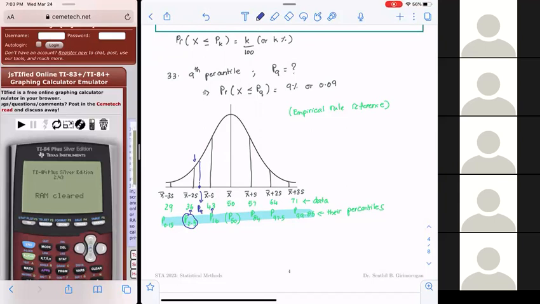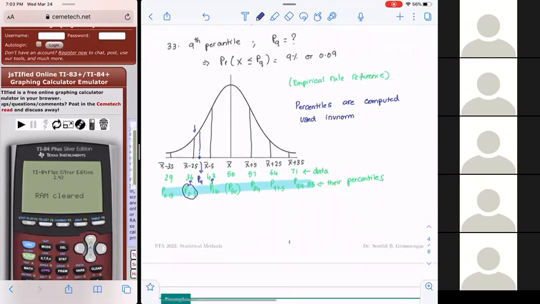What function do we use in the calculator to find percentiles? We use the inverse norm function. The syntax is INV norm, the area below, the mean, followed by the standard deviation.